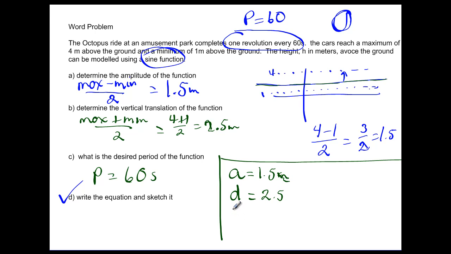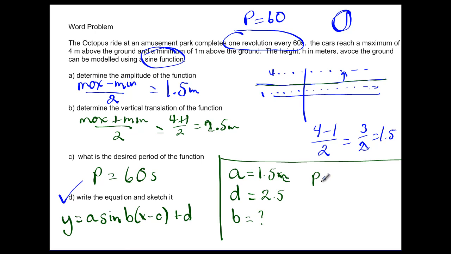The B value, if you think of the original equation, it's y equals A sine of B x minus C plus D. So the B could be a K, the D and C could be switched, but notice the position of them, where they're located. So we have the midline, we have the amplitude.